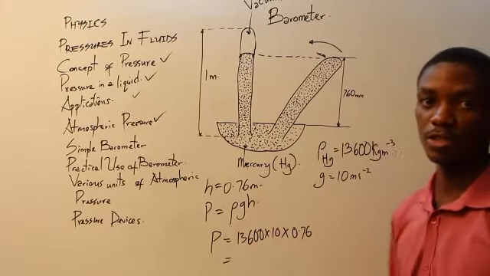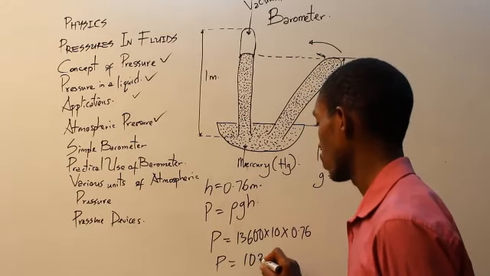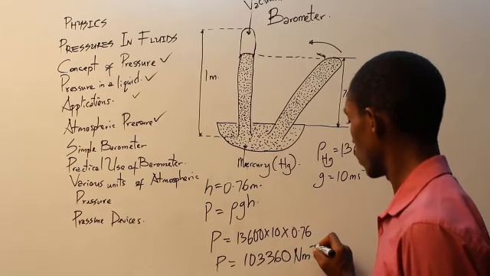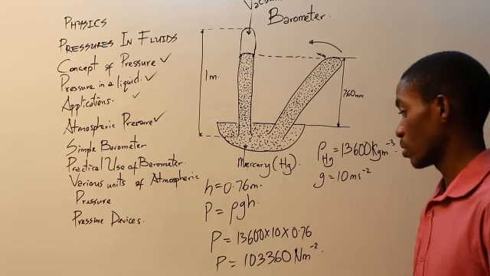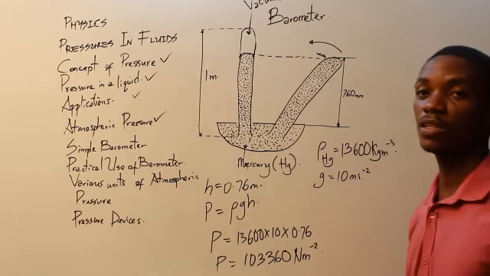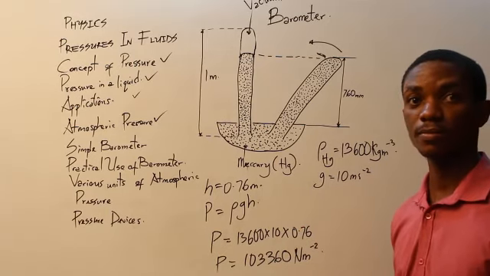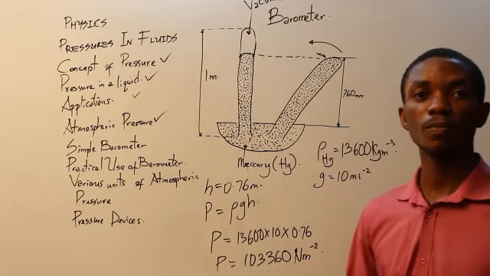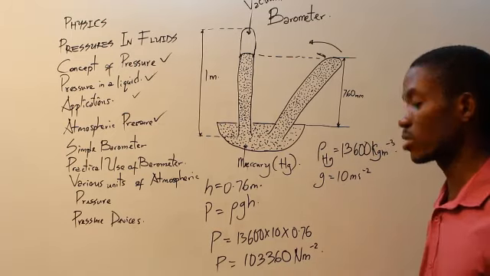When you multiply this using your calculator, you would get 103,360, and it is in Newton per meter squared, or you can say in pascals. So that gives us the atmospheric pressure of the Earth at the sea level, and this is what is described as 1 bar.